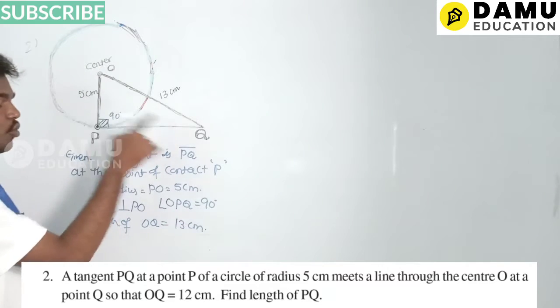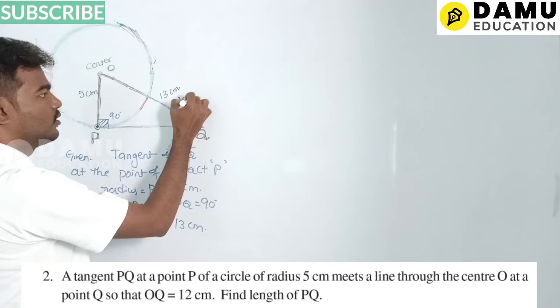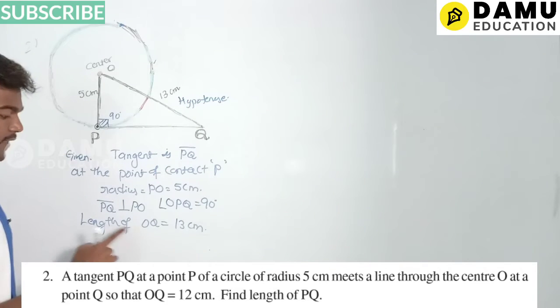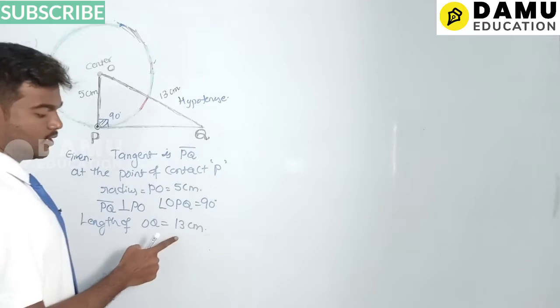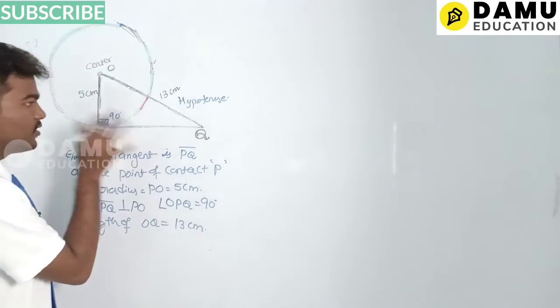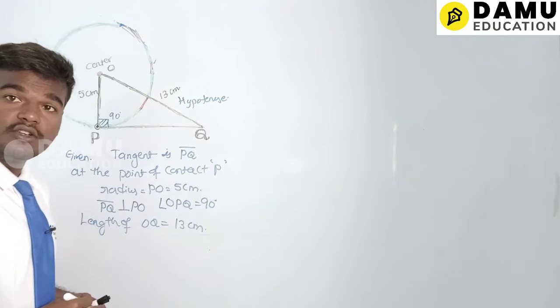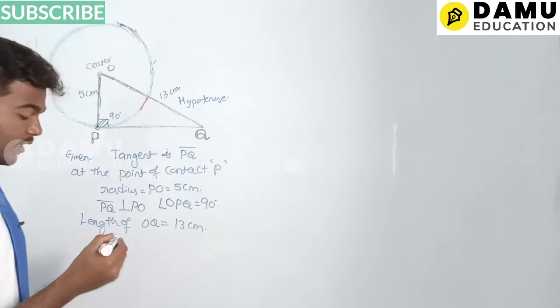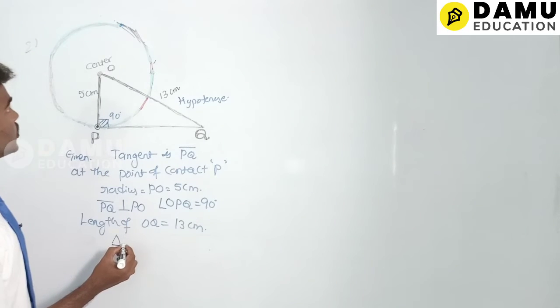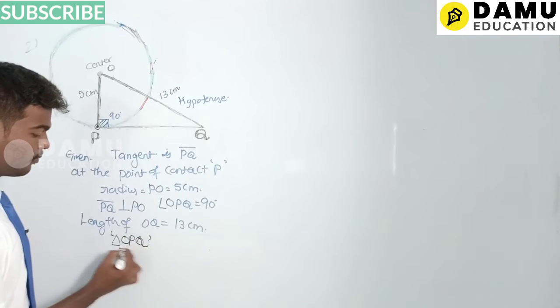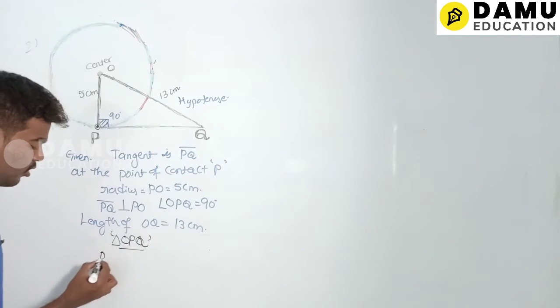Here OQ is the hypotenuse. Again, the radius we know is 5 centimeter. Then PQ we have to find by using the right angle triangle OPQ, by using the Pythagoras theorem.